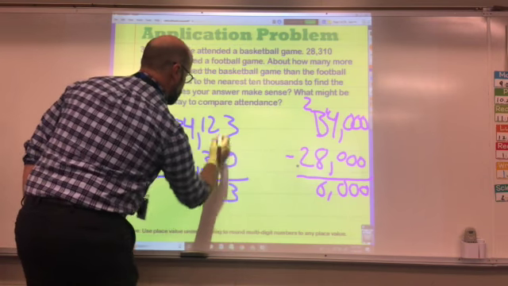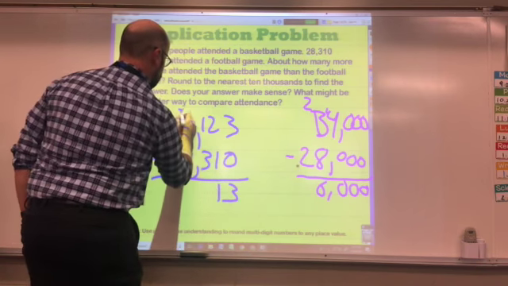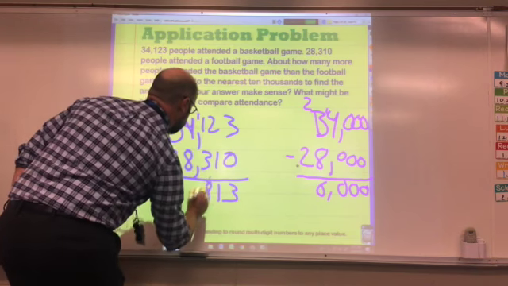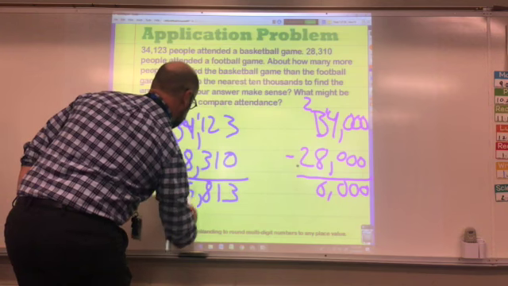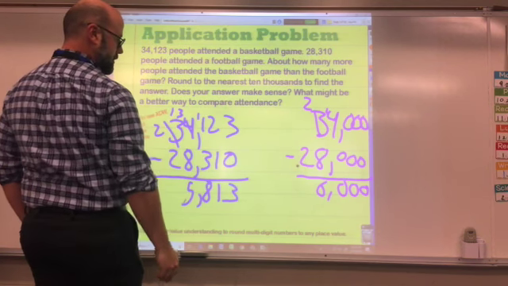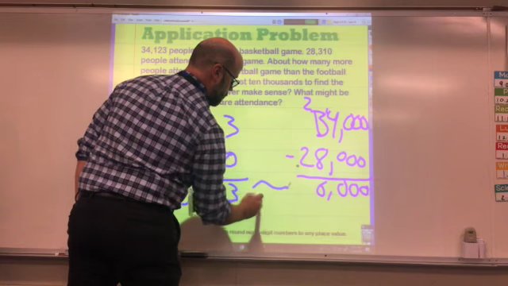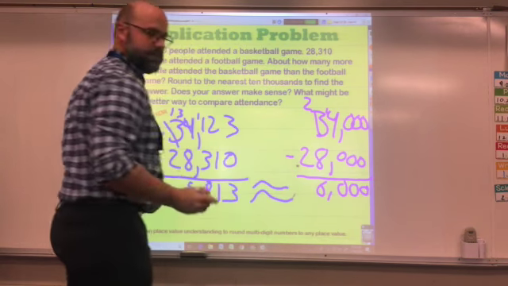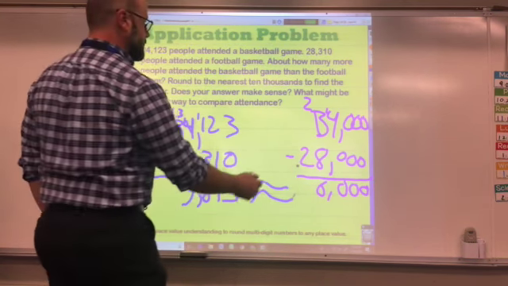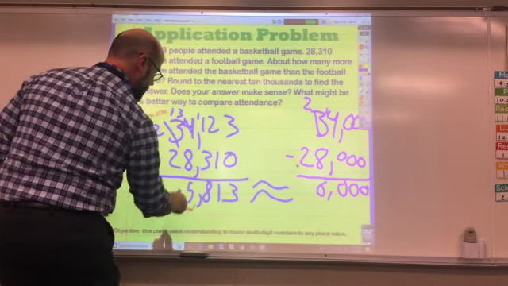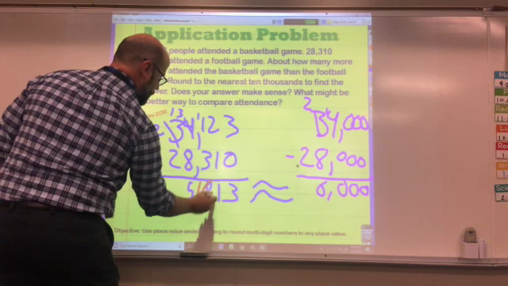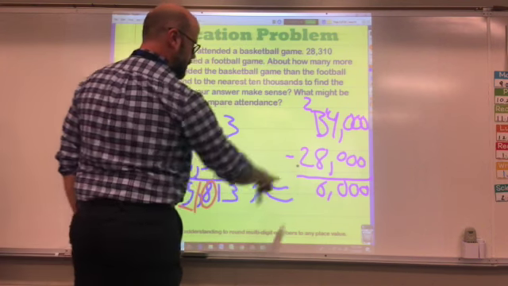Go 3, 1, 3, 8, 5,813. It is approximately 6,000 if we round it to the nearest thousand. Because look, 5 is in our thousand spot. 8 is next door. 5 or more, raise the score. Bam.